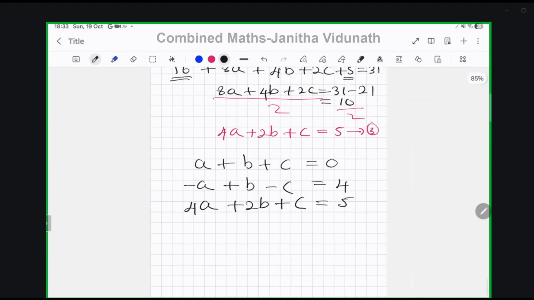If we add the first and second equations, the A term and C term will cancel out, and on the left hand side we will get 2B. On the right hand side we will get 4. That means B equals 2.